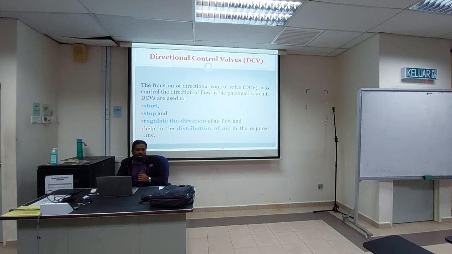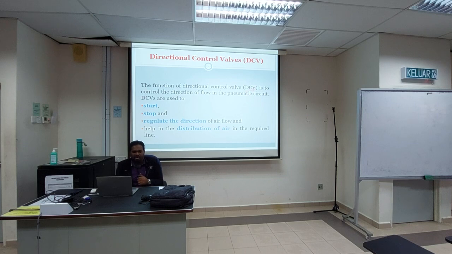Okay, so we will go one by one. We will start with the directional control valve. On the function of the directional control valve, this is a question that commonly comes up: explain the function of the directional control valve, or in short form, DCV.